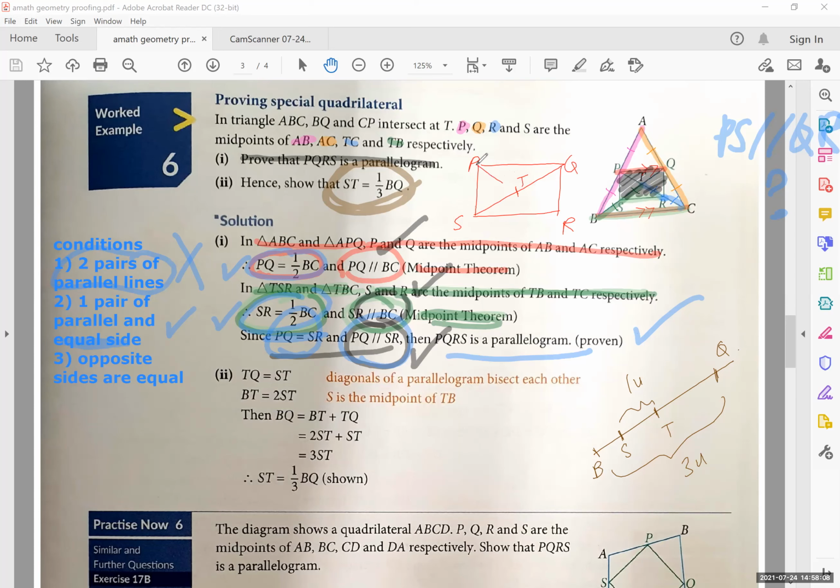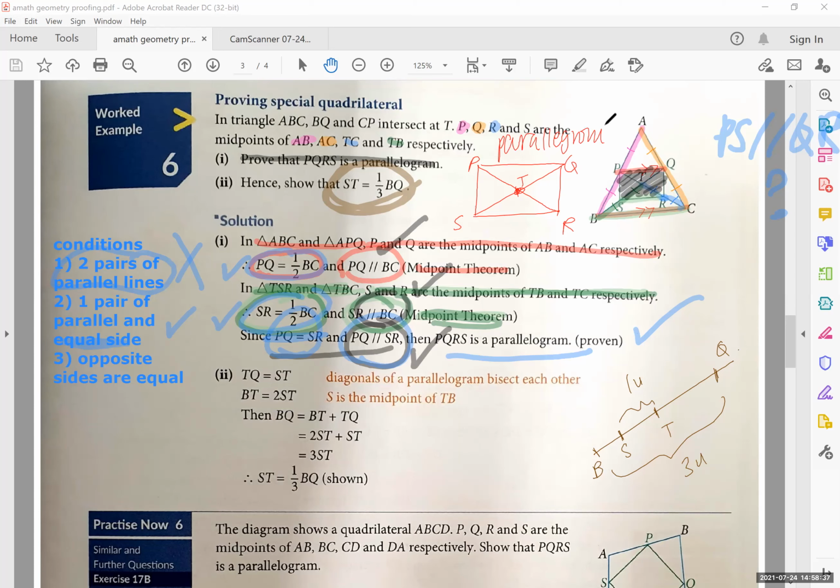And then there's a PR and there's a T. High chance, what do you think, what concept we are using? Because we want ST, we want SQ, we want BQ also. Then you look at PR and SQ. What is SQ and what is PR? The diagonal. Yes, they are diagonals.